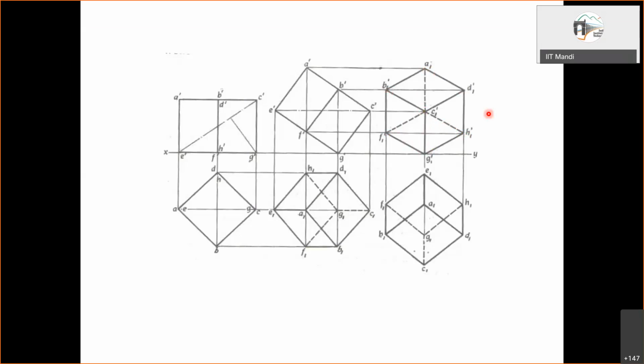So this eventually gives us the maximum number of faces visible, we can say. Apart from that, what do we observe here?